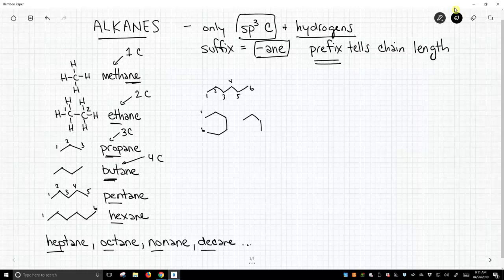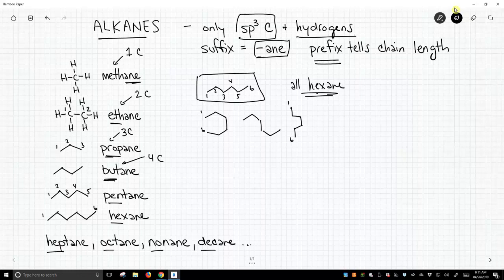If we were to draw the molecule like that, that is hexane. There are lots of ways that we can draw hexane. These are all hexane because they're a contiguous chain of 6 carbons. They're just drawn different ways. Now, the most common way is this one at the top, where we draw it as a straight chain sort of going across the page.